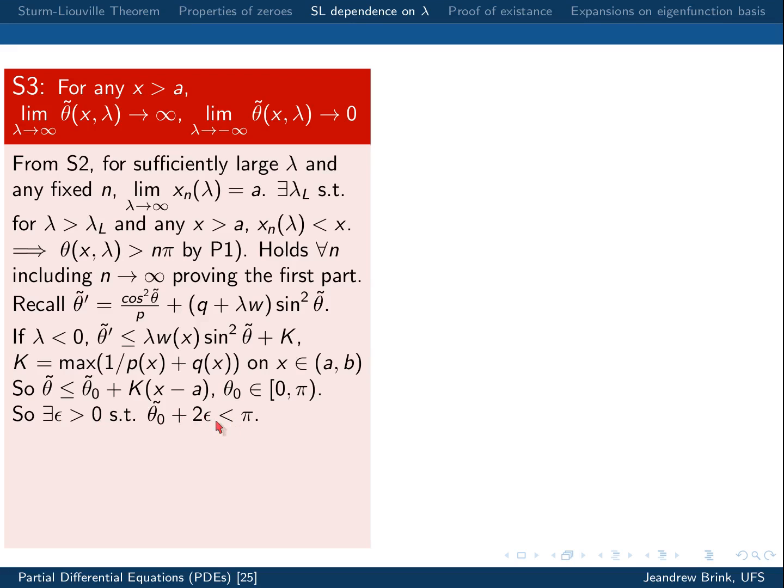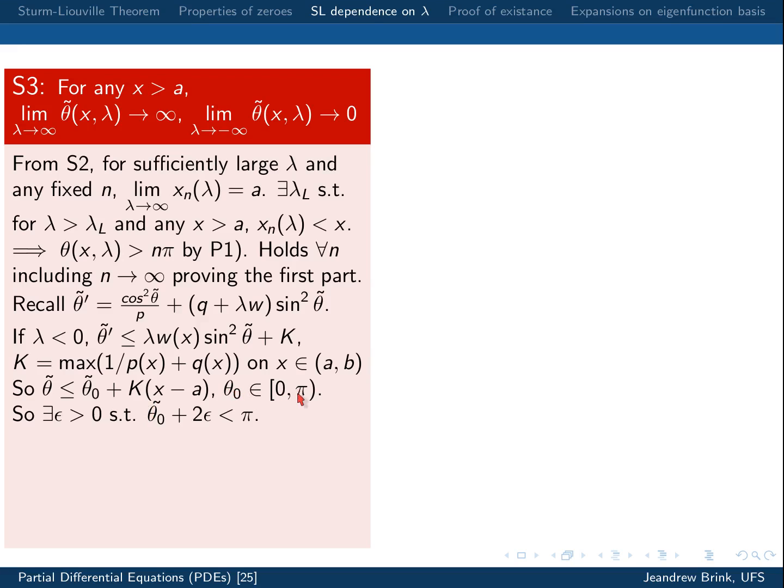Because what we're trying to prove over here is that theta tilde must go to 0. So the first thing we've got to make sure of is that theta tilde never crosses pi, because the moment it crosses pi, we have another theorem that says it stays above it. So we're looking for a small bit of room, because we know that theta 0 is chosen to be less than pi.